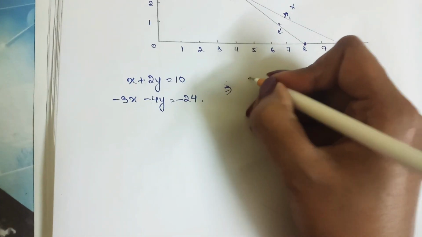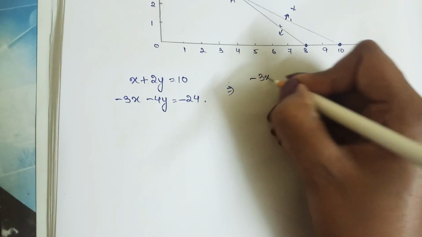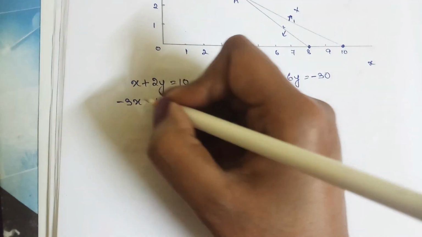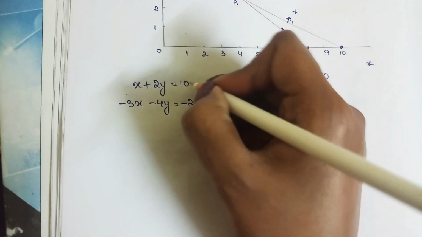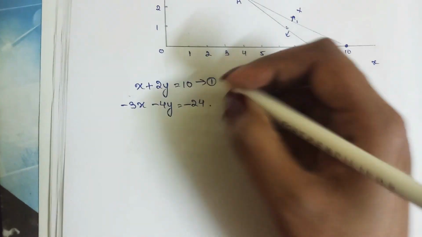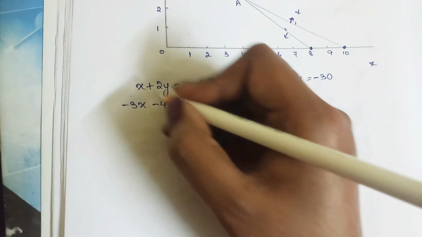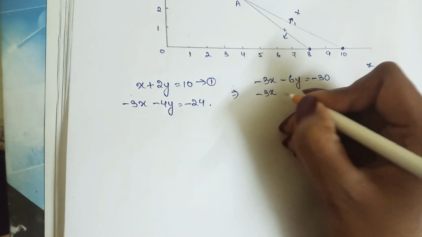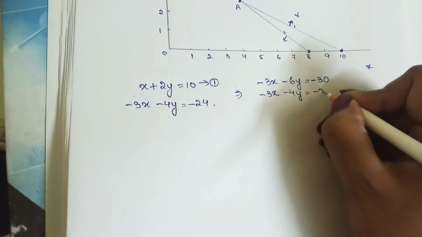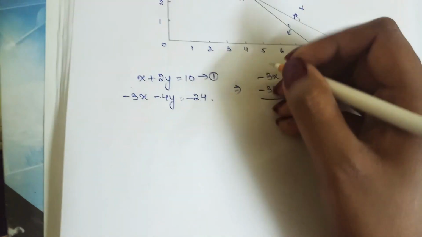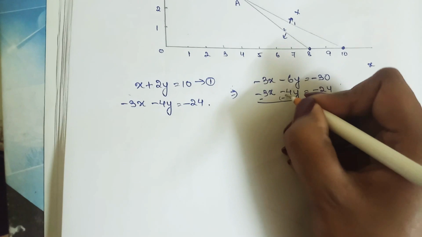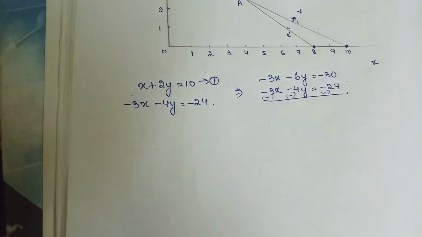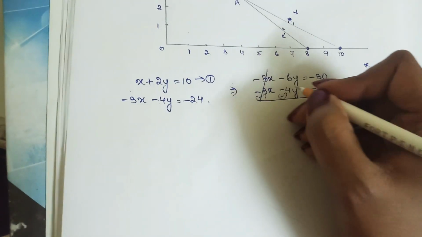Alright, so this will be minus 3x minus 6y equal to minus 30. What I'm doing, simply I'm multiplying minus 3 with constraint 1. And this one will remain as it is because the coefficient of x is 1. So this will be minus 3x minus 4y equal to minus 24. Now if you need to cut it, how will it be eliminated? Minus 3x plus 3x will be eliminated.